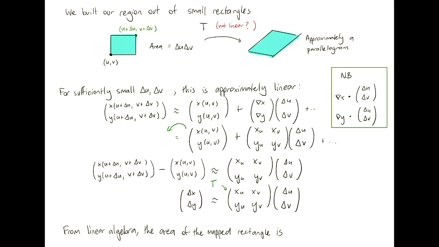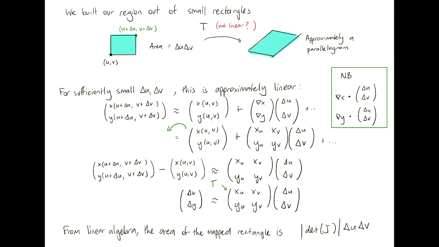So from linear algebra, we know the area of the mapped rectangle. It is nothing more than the absolute value of the determinant of the Jacobian, times delta u delta v. This is the moral of the rigorous proof. Making it rigorous just means bounding all your errors carefully, but the guts of it and the reason why it works is because the first term in the expansion, the Jacobian, is the first linear approximation of the transformation.